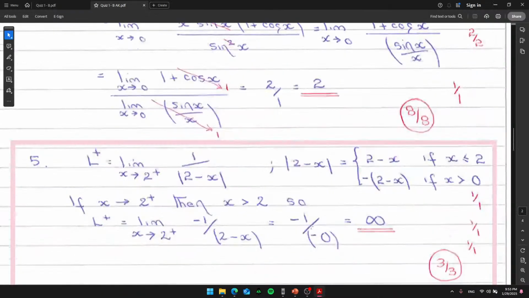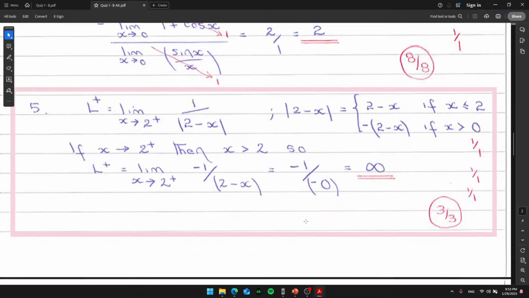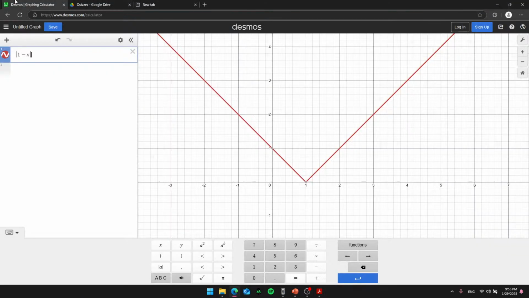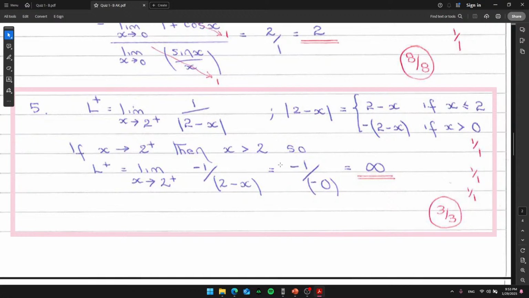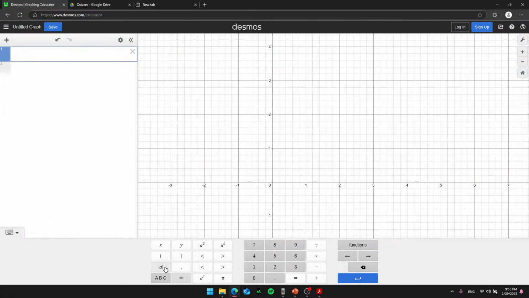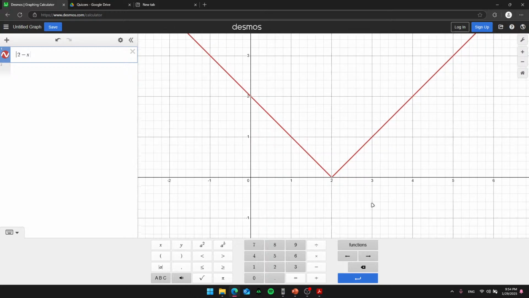So, whoa, what? Wait, what? How is it x greater than 0? It's not, what? Bruh, bruh, bruh. 2 minus x, yeah.